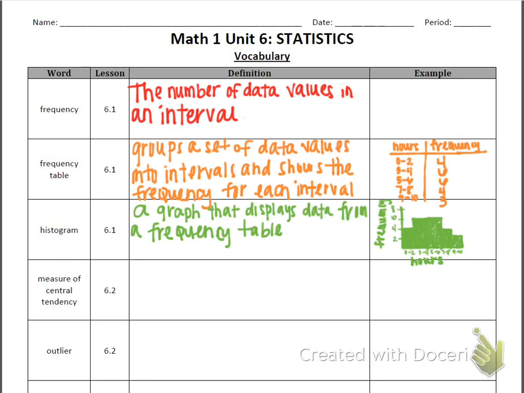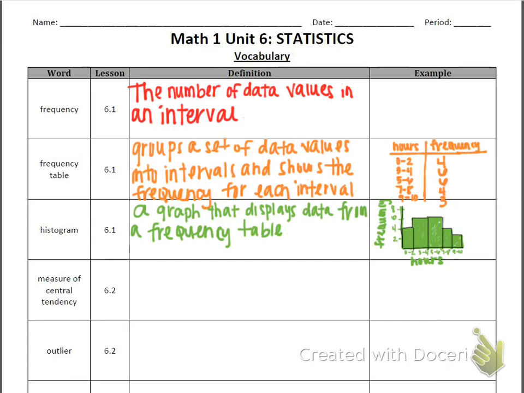And usually when you are making these, you will see the breaks. So it will look something like that. Okay, that's a histogram. And that's pretty much what we are doing for the rest of the notes.